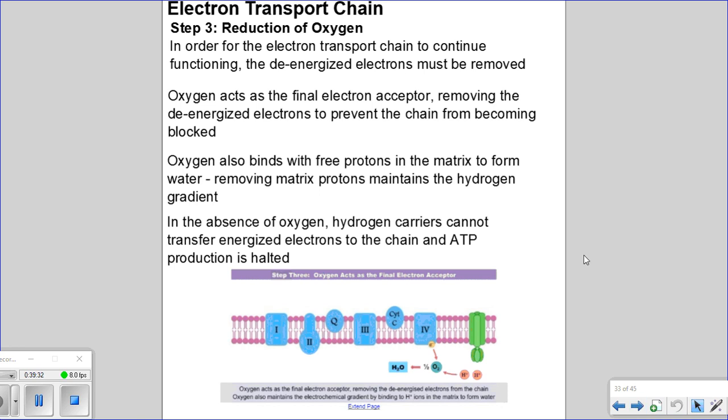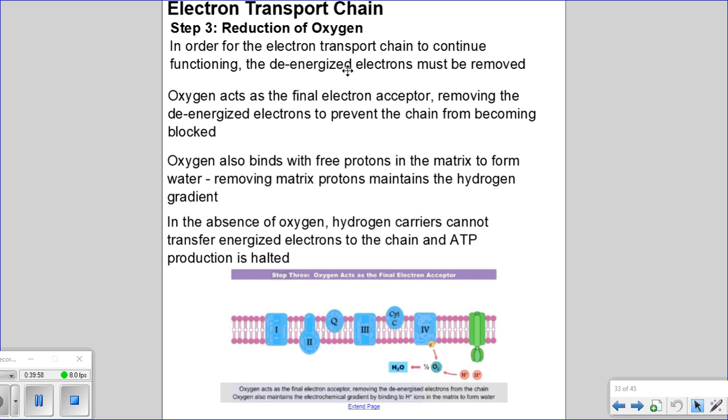So the third step of the electron transport chain is the reduction of oxygen. If you'll remember, we've had this electron moving through our electron transport chain, and it will eventually reach that final carrier protein, and the electron will basically sit there until it has some place to move to.